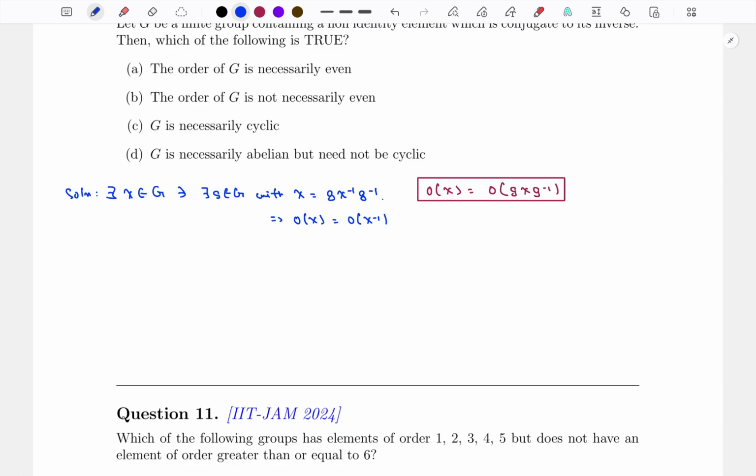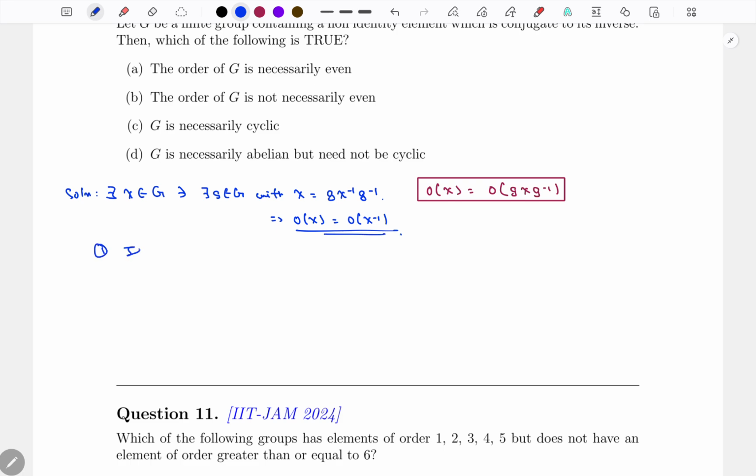Does this actually help us? Let me think of this. Okay, so I at least have this in hand.